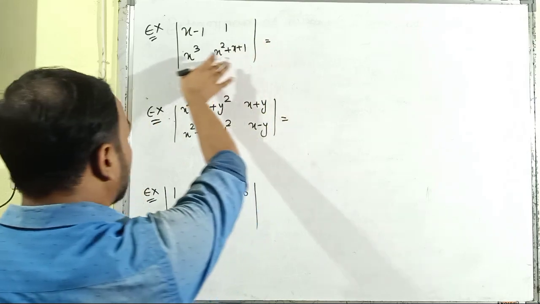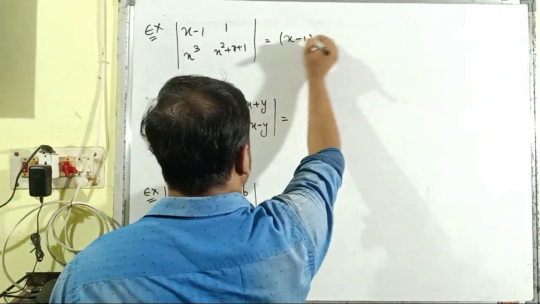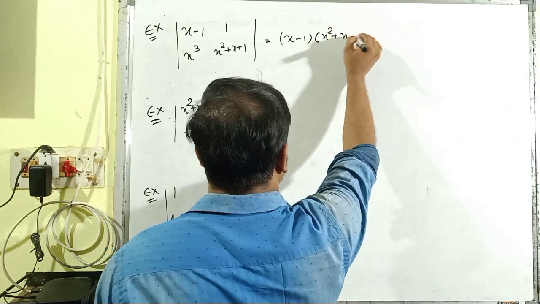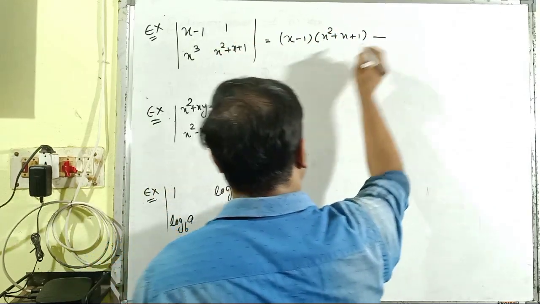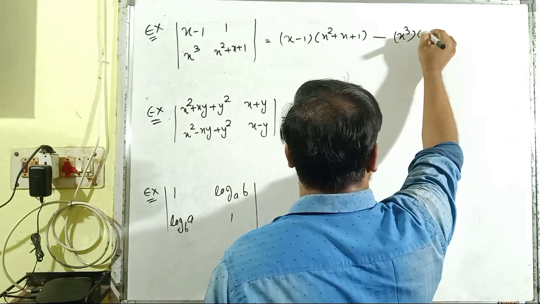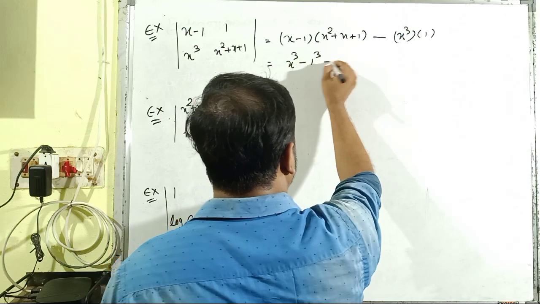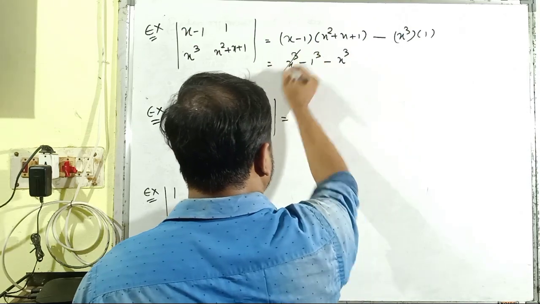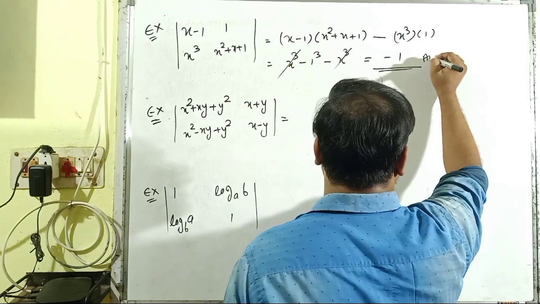According to the procedure, first of all we multiply the main diagonal elements, x minus 1 multiplied with x square plus x plus 1, minus the multiplication of the upper diagonal elements, that means x cube multiplied with 1. Then it will be x cube minus 1 cube minus x cube. Cancelling both of the x cube, we have minus 1 as its answer.